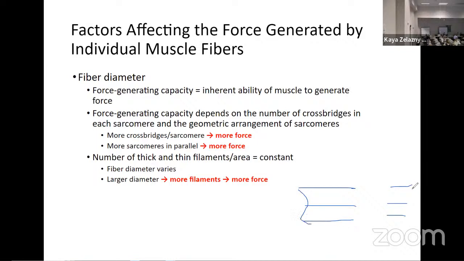So we've been looking at something like this. But this is happening in 3 dimensions. If we were to cut a muscle through its body, like this, there are actually going to be different numbers of thick and thin filaments.